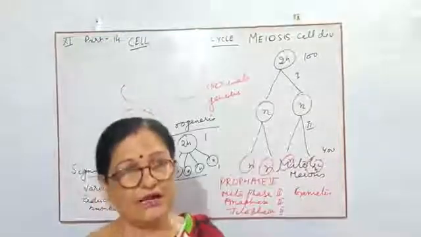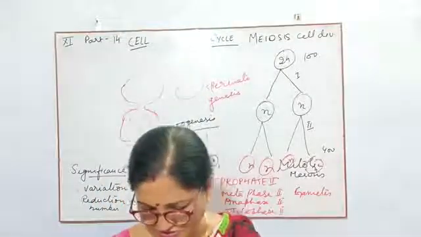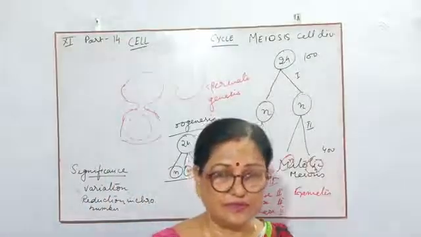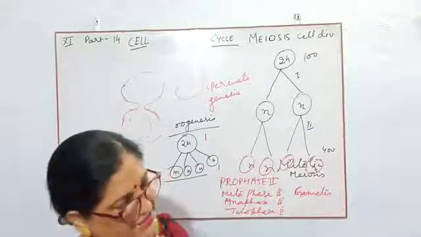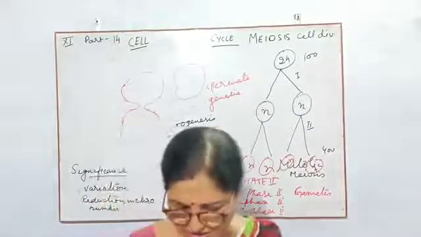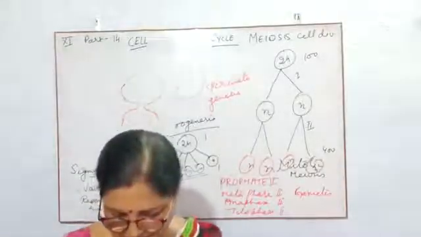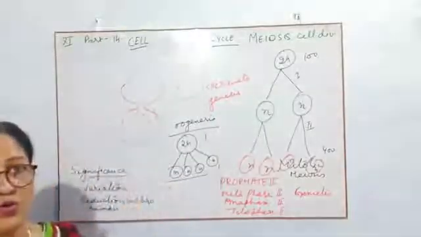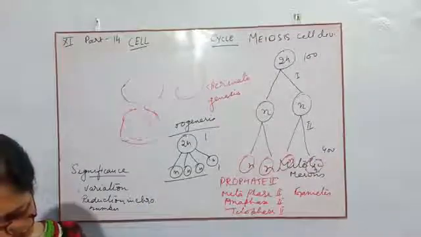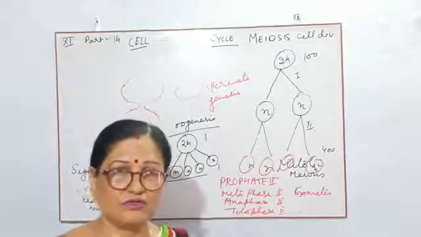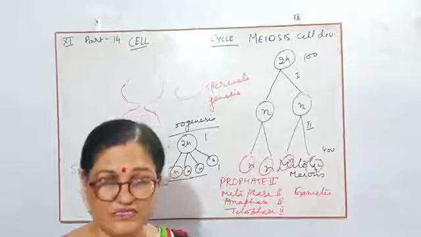Now children, I want to tell you some differences. Suppose metaphase 1 and metaphase in mitosis. In metaphase 1, each bivalent has its own centromere, and due to repulsive force they go towards each pole.